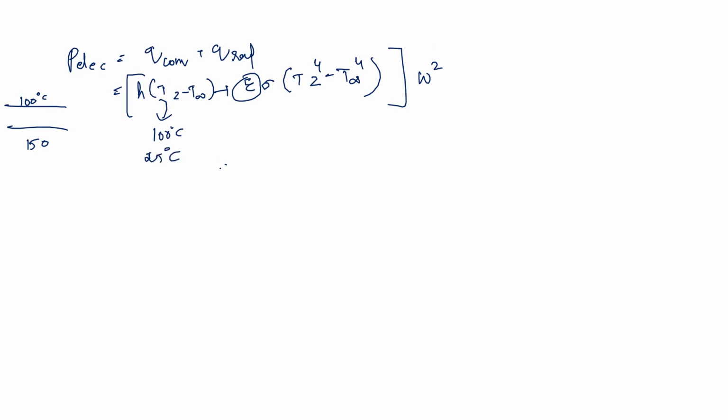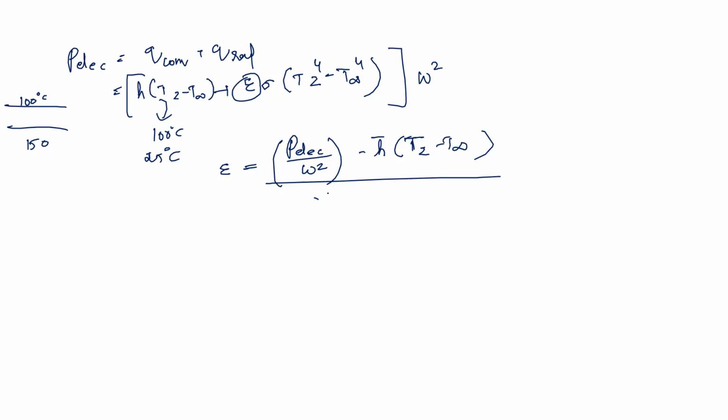From that, we can just write epsilon equal to P electrical by W square, minus H bar into (T2 minus T infinity), by sigma into (T2 raised to 4 minus T infinity raised to 4). Okay, we just need to determine this H bar and we will be getting the answer for epsilon, or the emissivity. So H bar is due to natural convection.